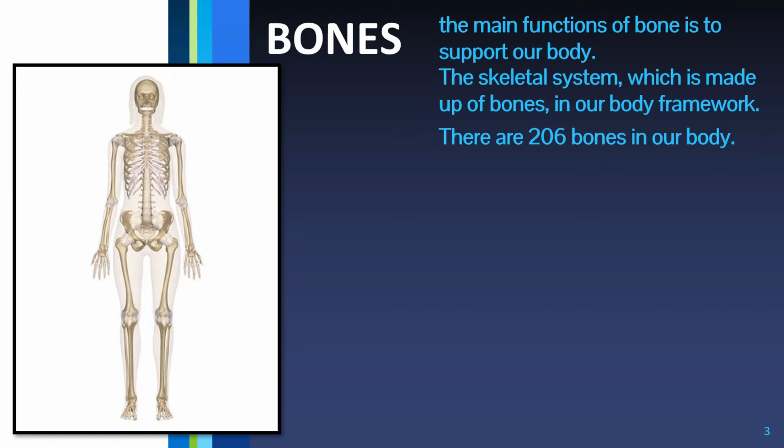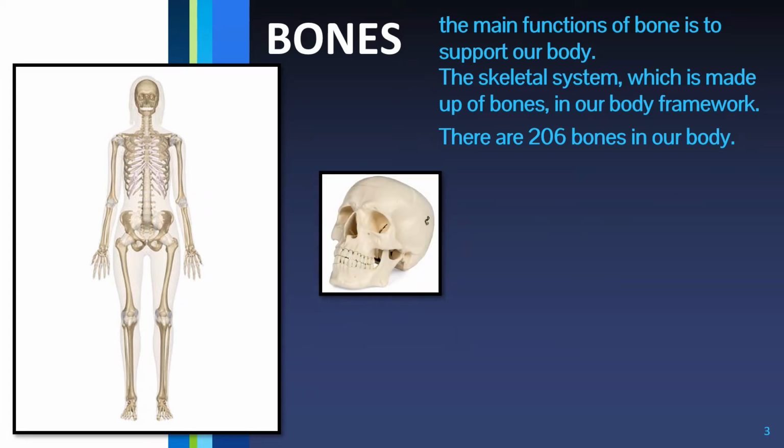Tingnan natin kung bakit, or research about it. Tapos, i-PM niyo ako kung bakit kaya ganon, teacher. Then for our next lesson, I'm going to give the answer. These are the major parts of the bones. The first one is the skull.